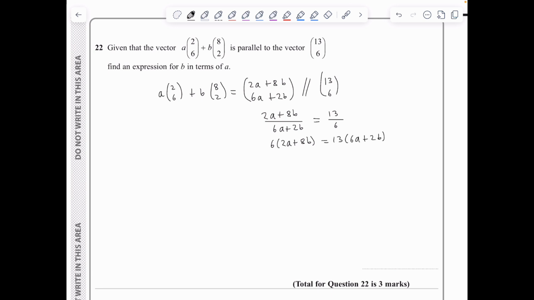I will now expand to get 12a plus 48b being equal to 78a plus 26b, which leads to 22b being equal to 66a, and therefore b is equal to 3a, which is the final answer for question 22.